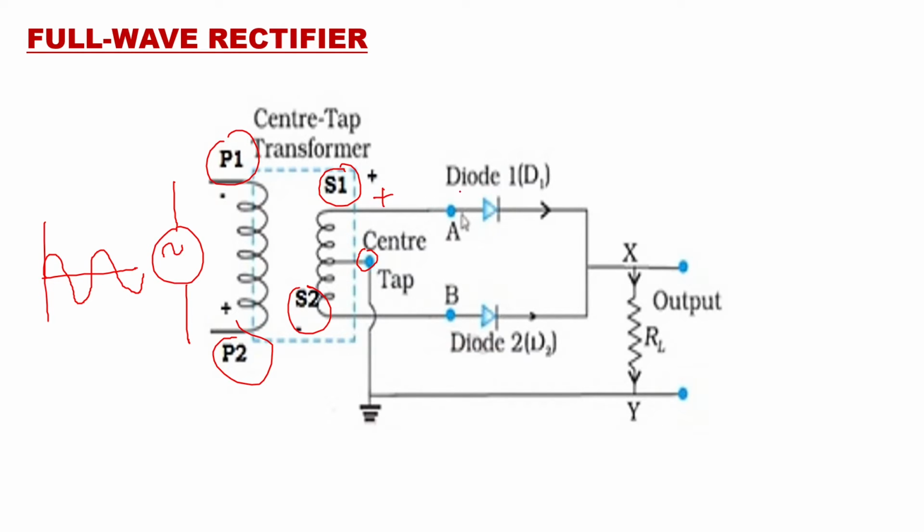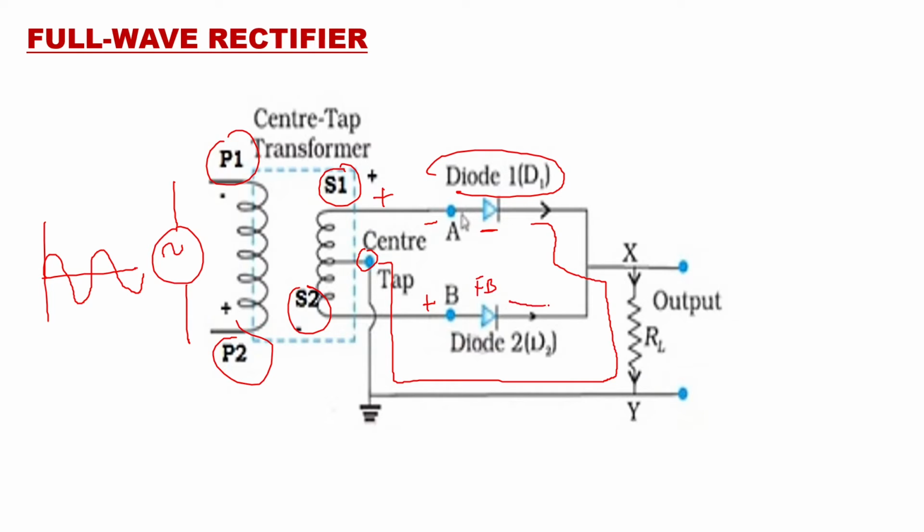The diode D1 will conduct, current will flow like this through the resistance R, and it will come back to the center tap. Now when the input is negative half cycle, point B will be positive and this will be negative. That means diode D1 will be reverse biased, diode D2 will be forward biased.